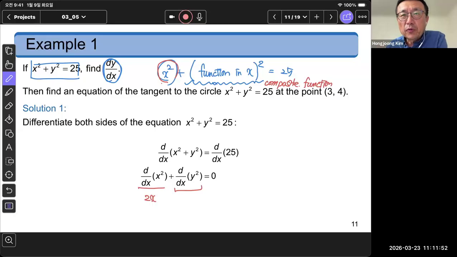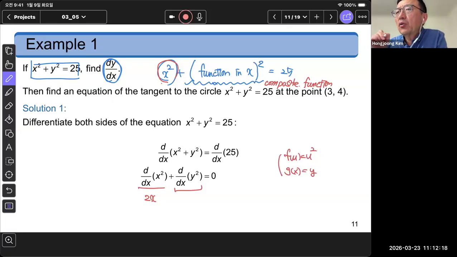So what is the outer function? The outer function is the square term, right? And what is the inner function? y, right? So f of u is u squared and g of x is y. So y squared is the composite of these two, right?